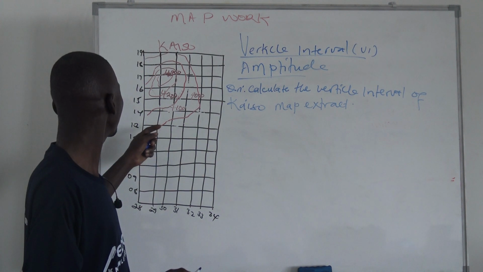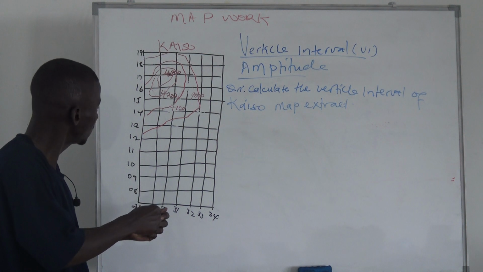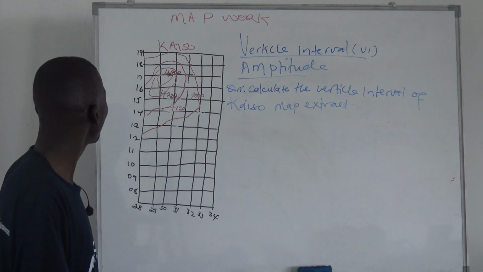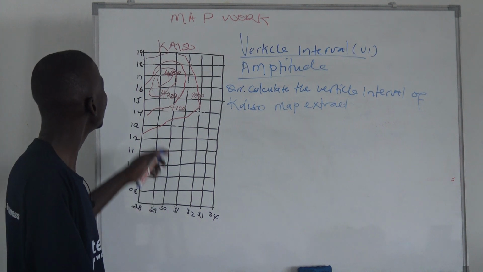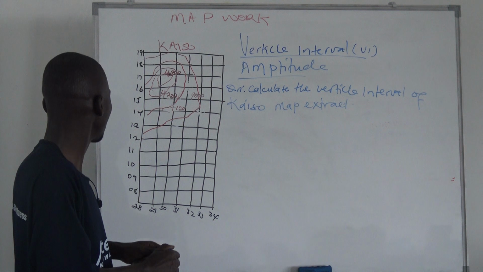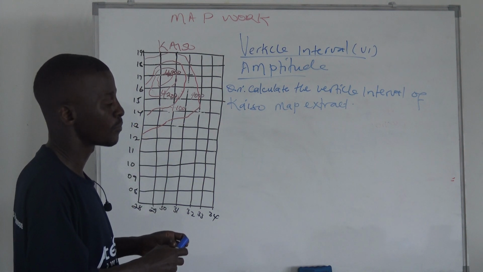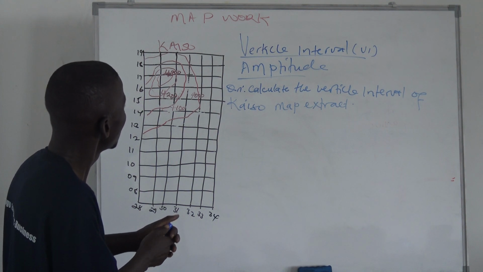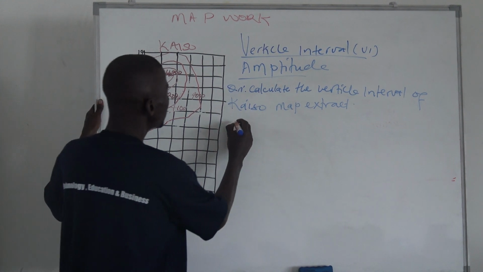In my map extract here, these lines in red are representing my contours. Different contours show different areas of the same height, and they are usually either reddish or brownish in color.